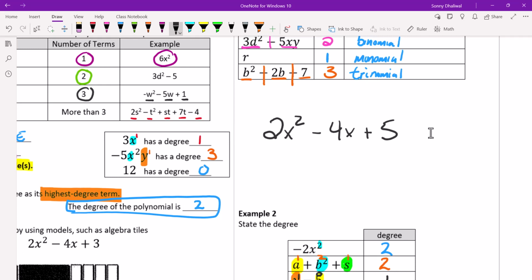So here, here's your term. The 2 is a coefficient. The number in front, right? So that's a coefficient, and so is 4, the number in front of your variable there. That's a coefficient as well.